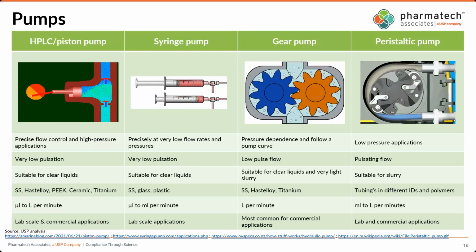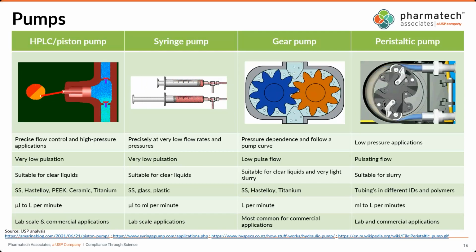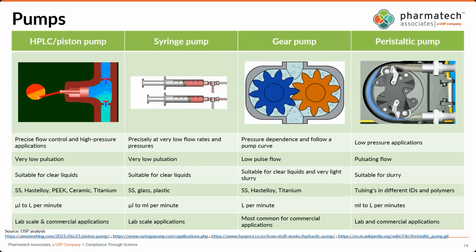These are also positive displacement pumps, and they are the primary choice of pumps for scale-up applications. However, many of you must know that gear pumps are usually characterized by the pump curve. So the higher the pressure, the lower the flow rate.